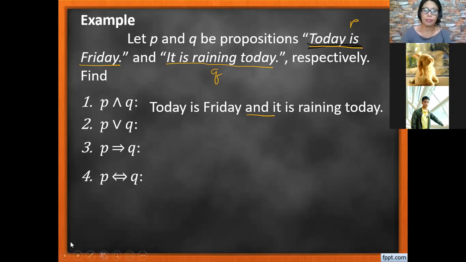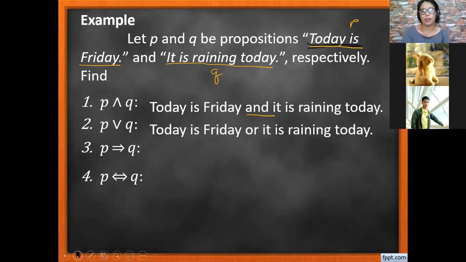Okay. How about P or Q? We made use of the connective or: today is Friday or it is raining today. So we will not yet identify the truth value.